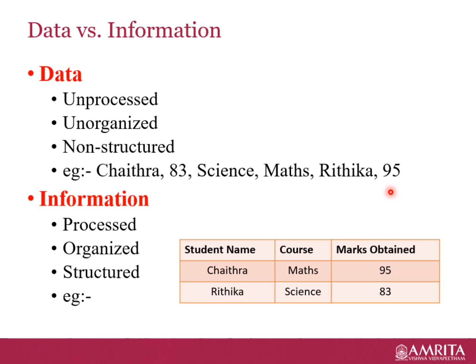These are all data, but they don't convey any information at all, isn't it? But if I organize it or structure it in this particular manner, now you know that 95 is the marks obtained by Chaitra for the course Maths and Ritika scored 83 for the course Science. And that is the relationship between data and information.